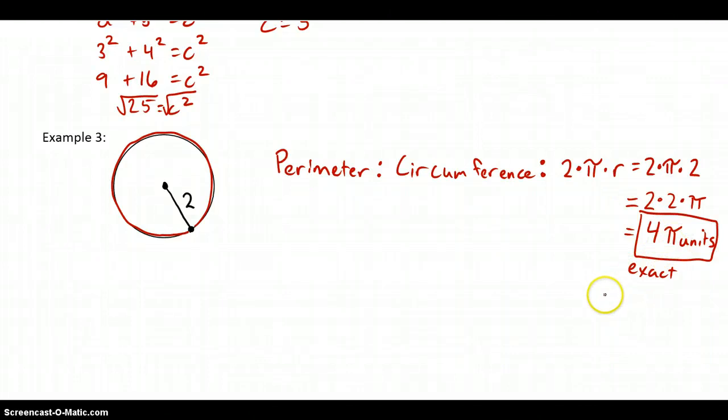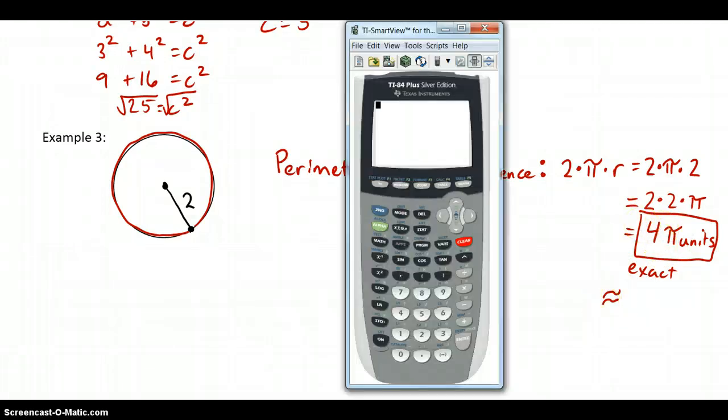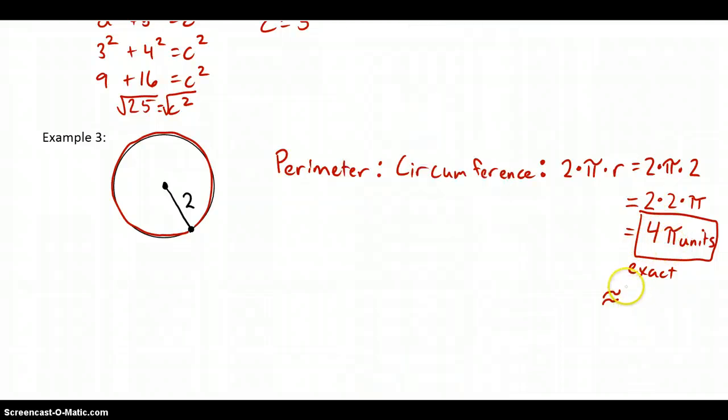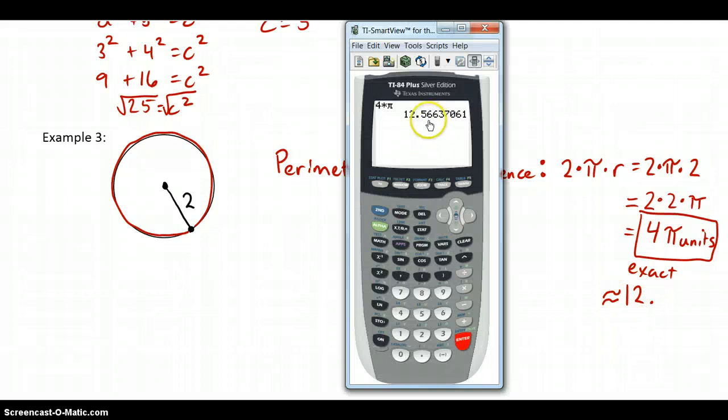Now I can find my approximate answer by using my calculator and taking 4 times pi. 4 pi is approximately 12 point. Now I'm going to round to the tenths, 1 decimal place.